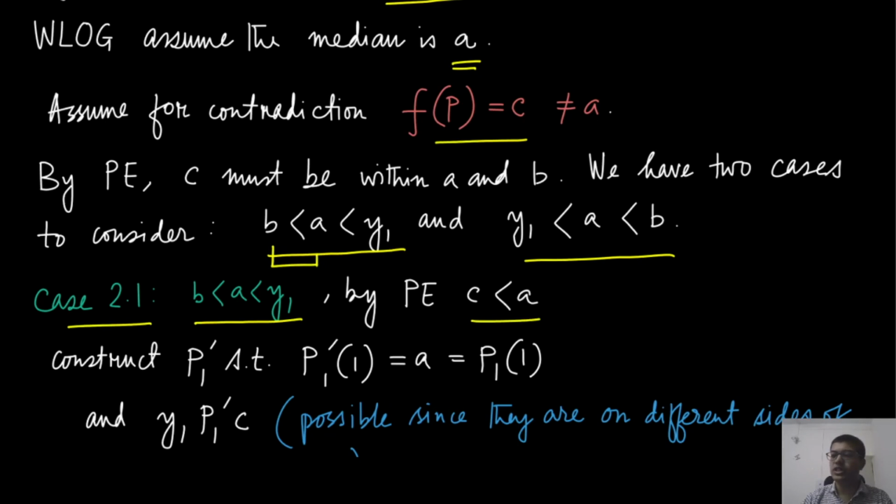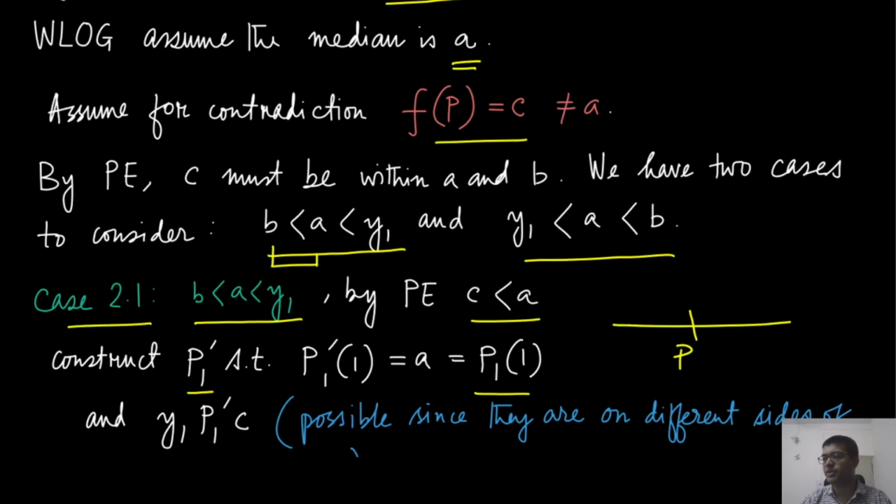Now we are going to construct a p1 prime, a preference profile for player 1, in the following way. We are keeping the peak of this preference the same as p1. So p1 has this peak p11, and this newly constructed preference profile also has the same peak.